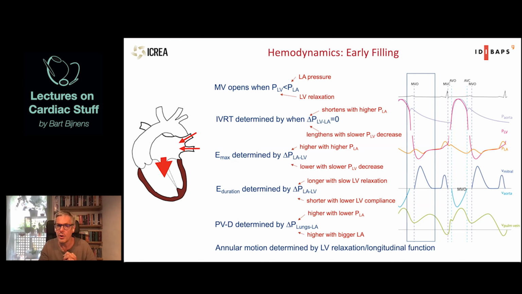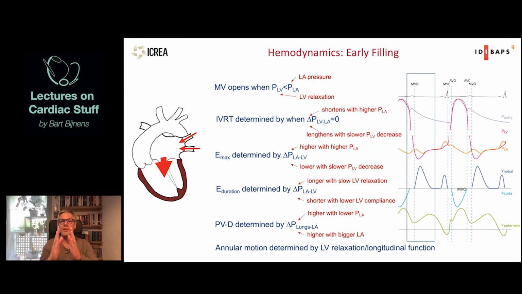Or at the opposite, when you have very abnormal situations, namely when the atrial pressure has increased, what we call increased filling pressures, and we will come back to that later on. If the ventricle is not properly filling in the beginning, the atrium has to do everything. And in order to get filling in, for example, a very stiff ventricle, you need a lot of atrial contraction, which will result in the end in high atrial pressures.